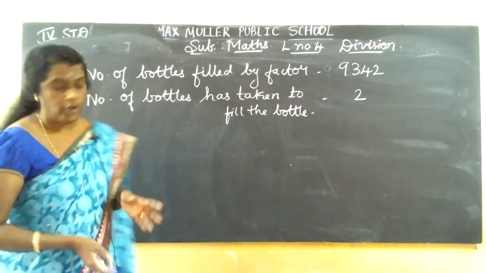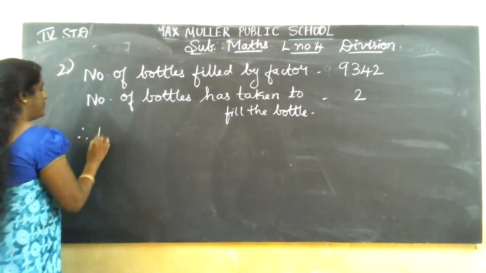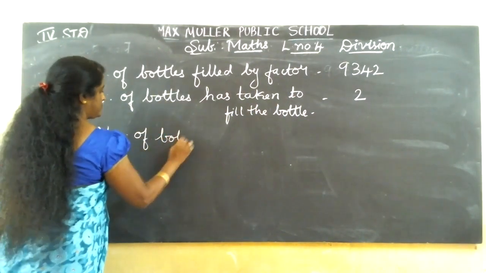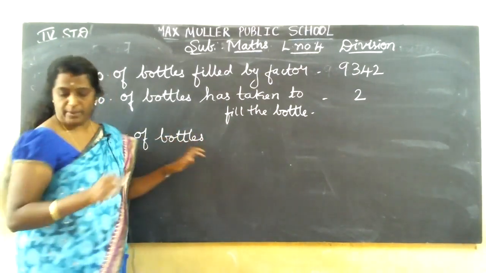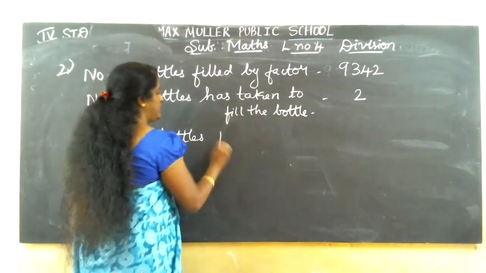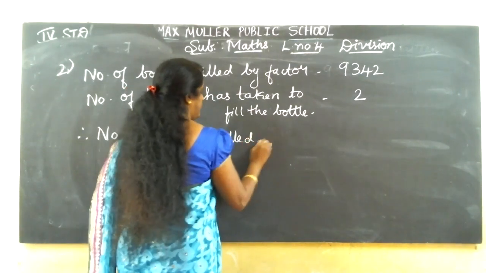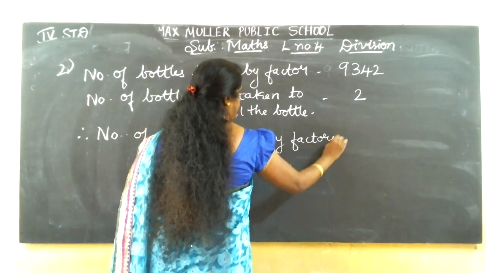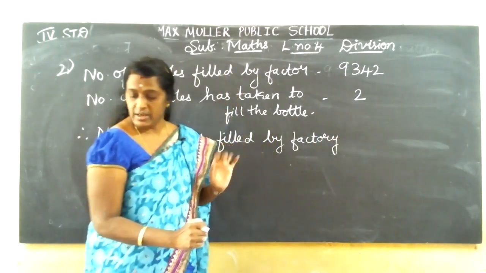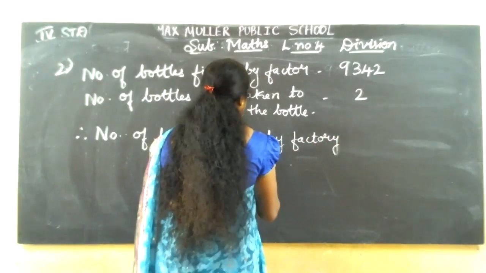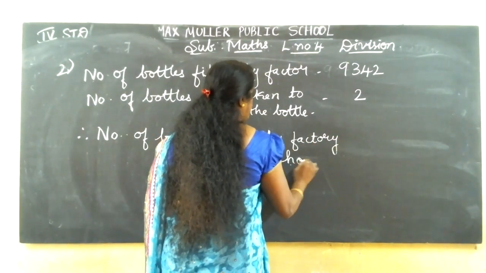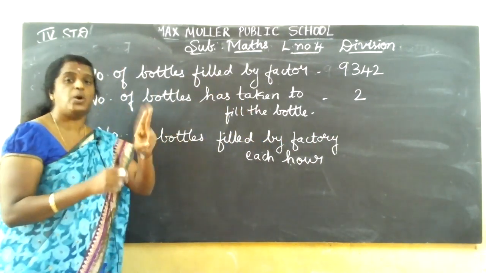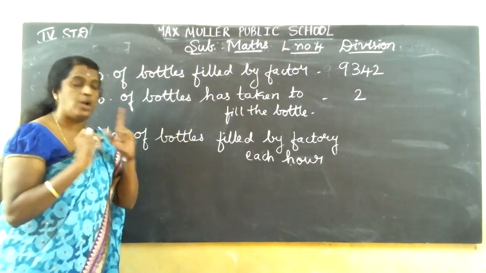So, the number of bottles filled by the factory each hour, how much did it take? For 2 hours they took 9,342, so for each hour, meaning 1 hour, how much do they take?